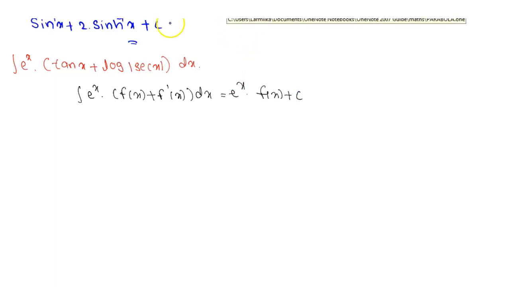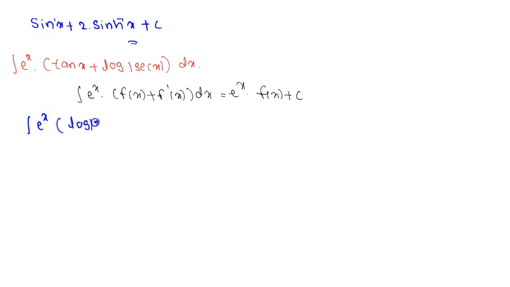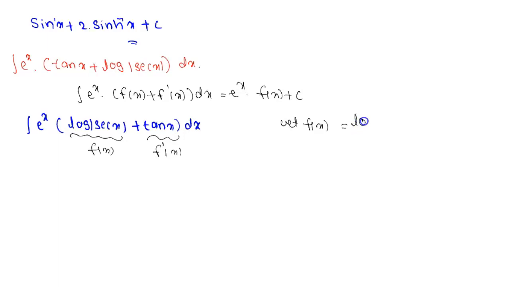Okay. So here the question is given like this. I am modifying this question as e power x into log mod secant x plus tan x dx. Right. So here if you take this function as f of x, you will get this as f dash of x. See, look over here. Let f of x is equal to log mod secant x.